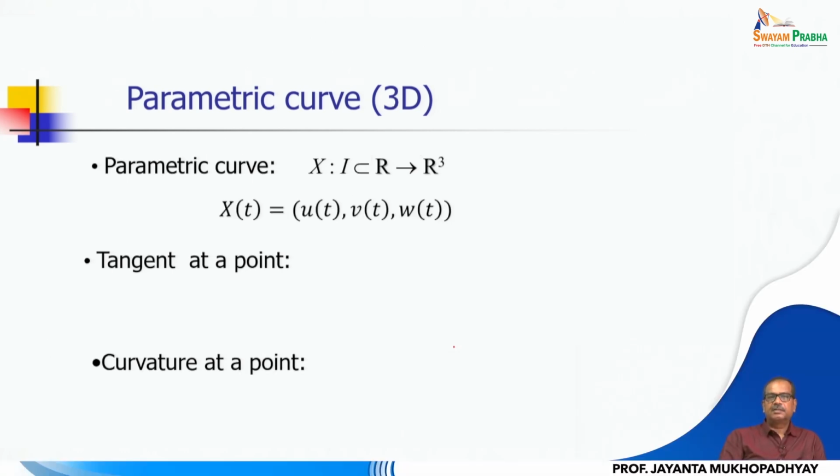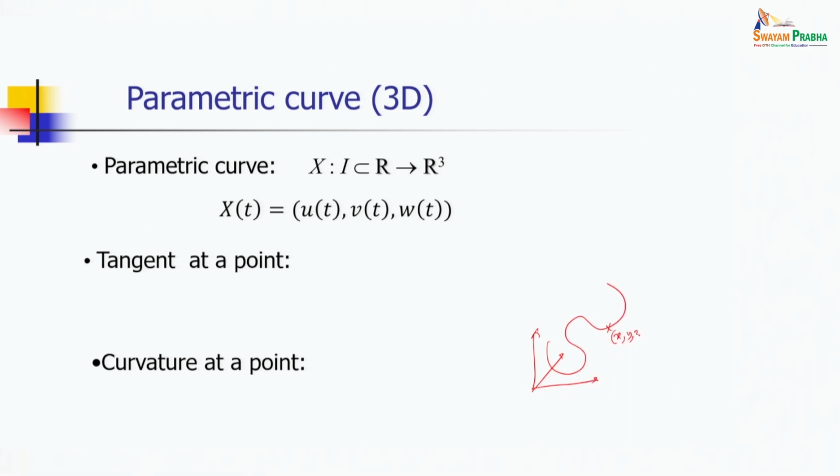Now when we consider a three-dimensional parametric curve, in a 3D coordinate system, every point will have a three-dimensional coordinate. So every coordinate will have a parametric function. This is the simple extension. And when we consider the tangent, it is defined as the derivative, the functional derivative for every coordinate.